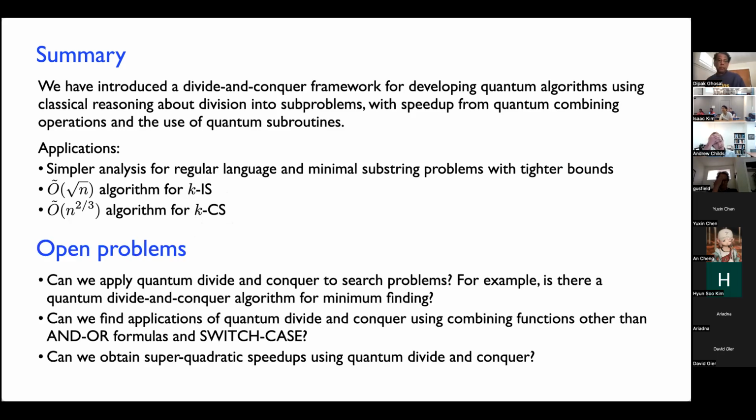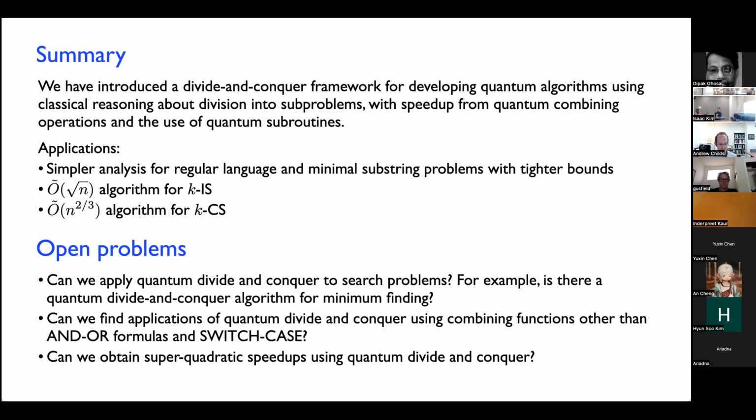So let me conclude by mentioning some open problems that I think are interesting. One of the things that's crucial to the way that we've applied this framework is that we work at the level of decision problems. It would be nice to do divide and conquer directly on search problems without having to do search to decision reductions along the way.